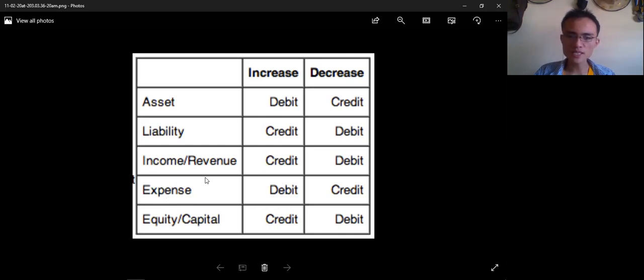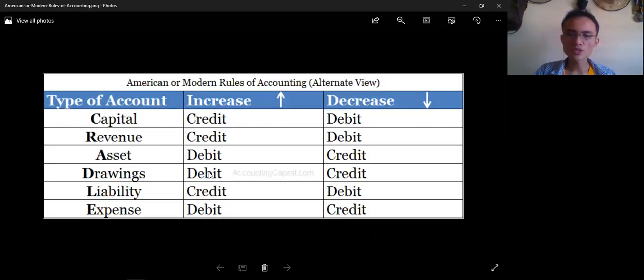So overall, we can say that there are three accounts that increase on the debit side: assets, drawings, and expenses. Another term for drawings would be withdrawal or personal, as I explained last time. And there are also three accounts that increase on the credit side: capital or equity, revenue or income, and liability.